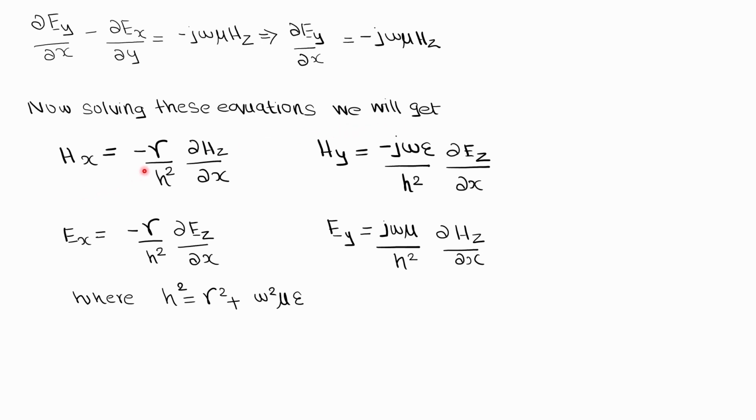Now, solving these equations, we will get Hx, Hy, Ex, Ey. These are the field components. Hx equal to minus gamma by h square ∂Hz/∂x, and Hy equal to minus j omega epsilon upon h square ∂Ez/∂x, and Ex equal to minus gamma upon h square ∂Ez/∂x, and Ey equal to j omega mu upon h square ∂Hz/∂x.